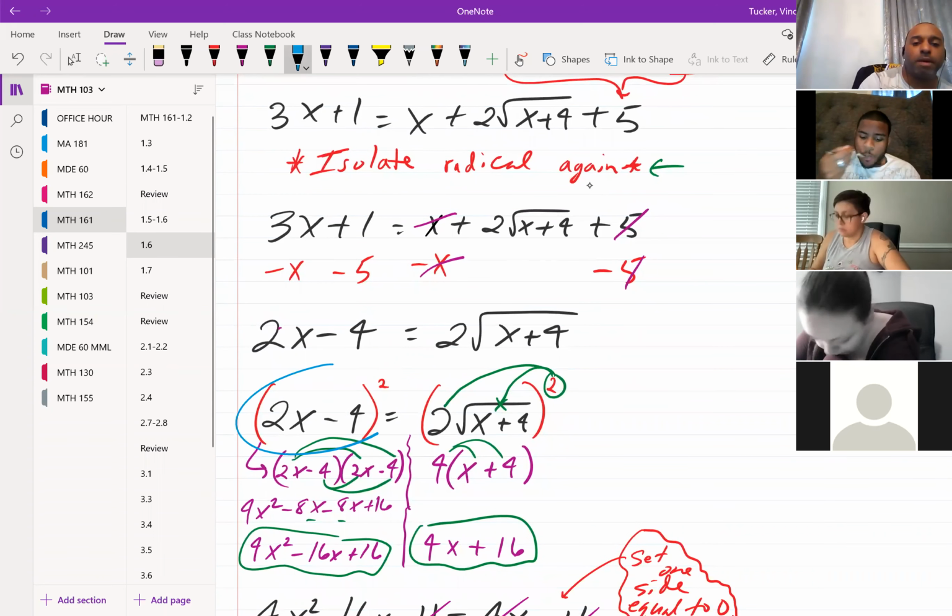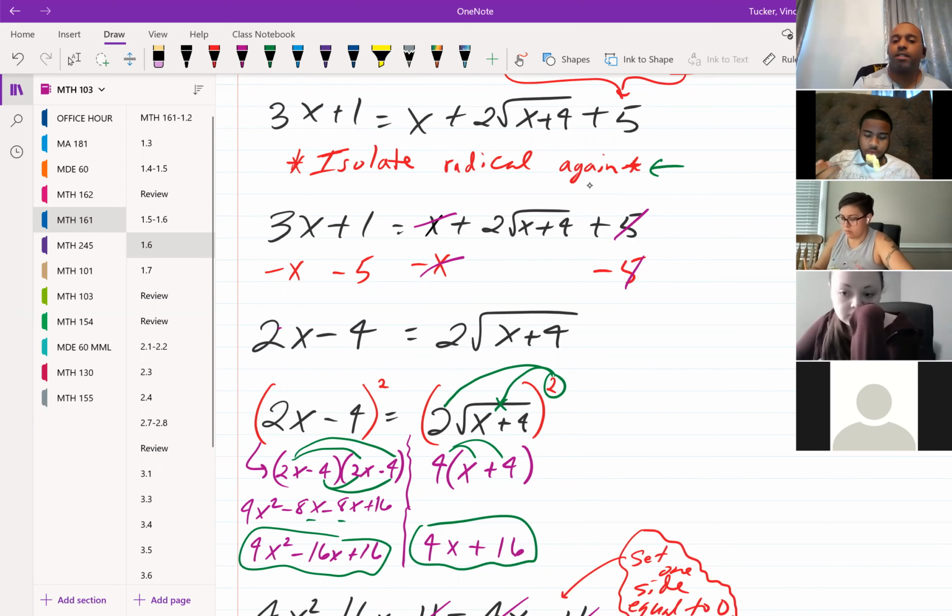And then here, 2x minus 4 squared is just your regular binomial distribution. The result will be 4x squared minus 16x plus 16.